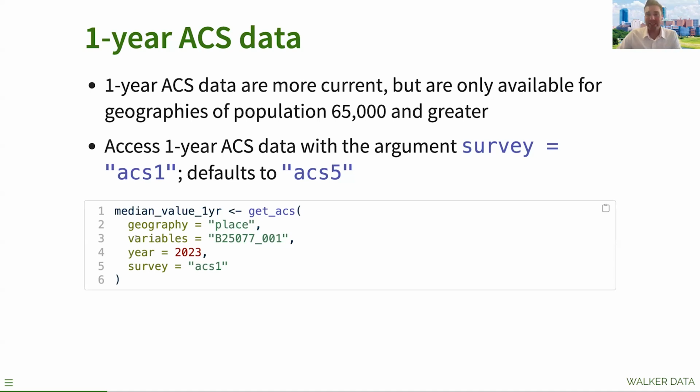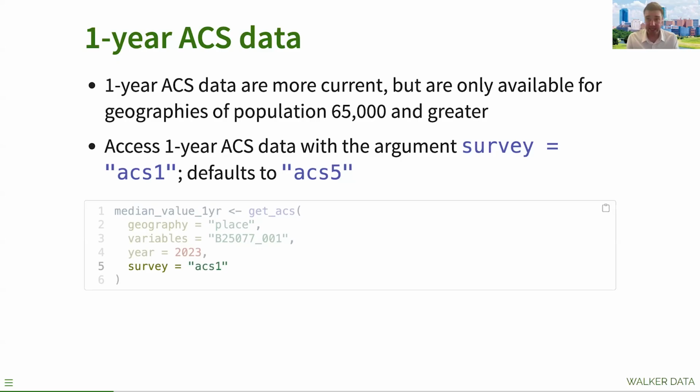There are a lot of arguments that you can supply to get ACS that aren't required but optional, and a lot of these arguments have defaults. The default value for the survey argument is ACS 5, which refers to the 5-year American Community Survey, in this case the 2019 to 2023 ACS data that just came out in December.